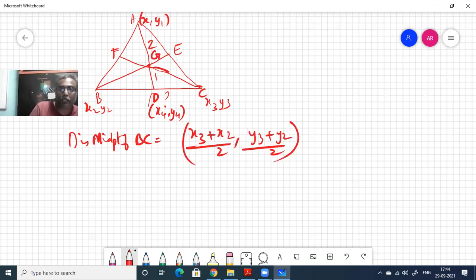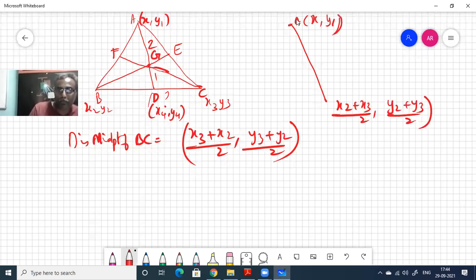So now you got the line AD. That line AD, one point is X1, Y1. The other one is X2 plus X3 by 2, comma, Y2 plus Y3 by 2. This is one point and D is another point.